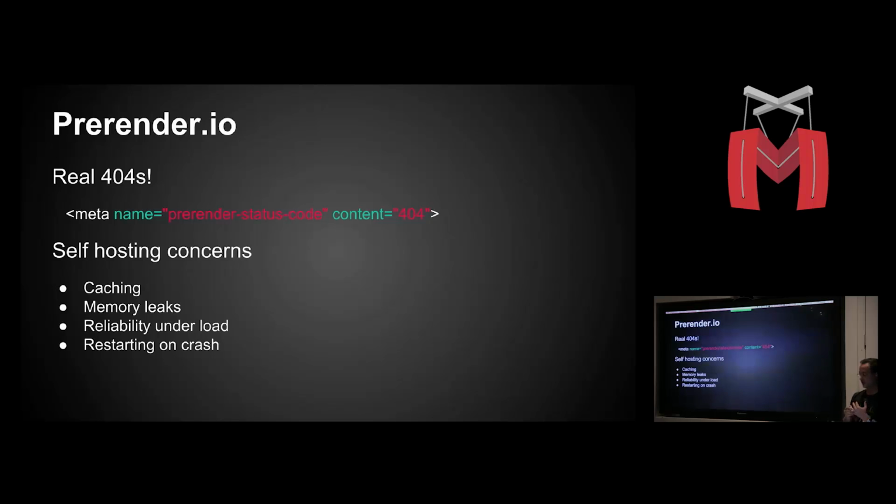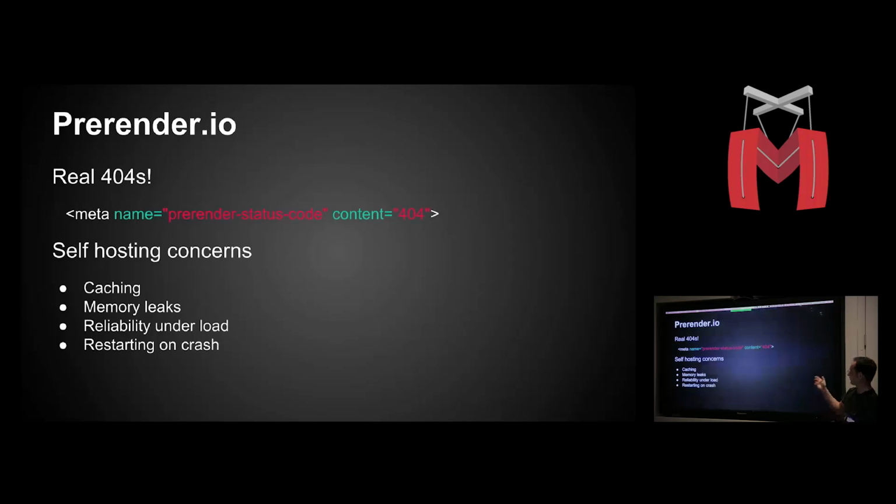The crawler is going to care only about a hard HTTP status code. So if your pretty page in your app that says not found posts this meta tag to the page, then Prerender will serve a hard 404 on your behalf. And that works with any status code if you wanted to do temporarily moved, permanently relocated, internal server error.